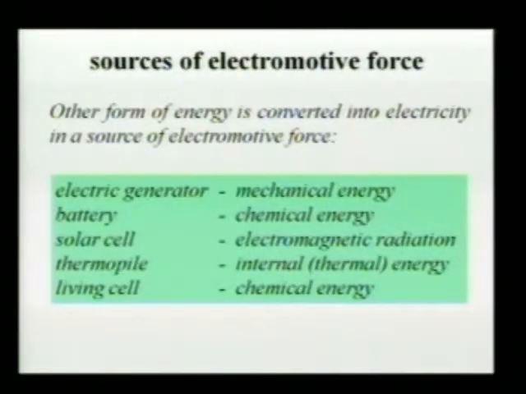So for example, in a power plant, coal or oil is being burned to run a turbine using the steam generated from that coal, and then that turbine turns the generator, which eventually converts the mechanical energy into electrical energy.